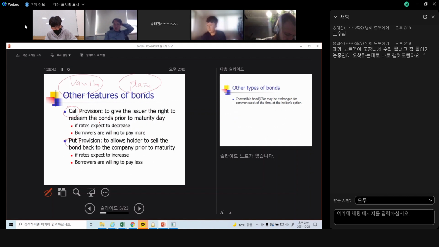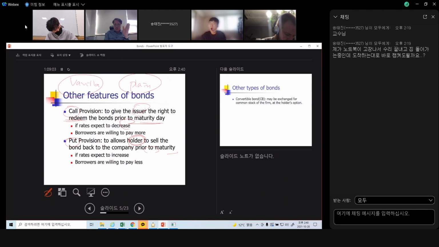So let's take a look at the callable bond and puttable bond. A callable bond gives the issuer the right to redeem the bond prior to maturity, whereas a puttable bond allows the holder to sell the bond back to the company prior to maturity.